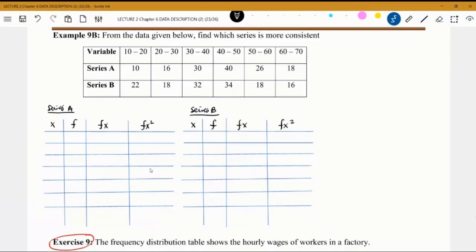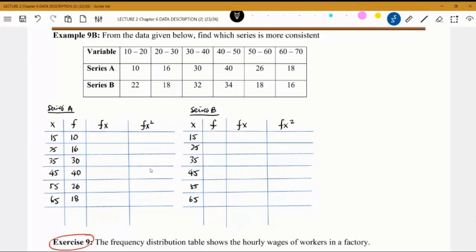For the x it will be the same thing since we have the same interval. So we have 15, 25, 35, 45, 55 and 65. This one is the same thing. For the frequency, for series A we have 10, 16, 30, 40, 26 and 18.